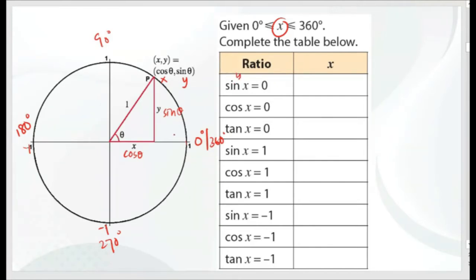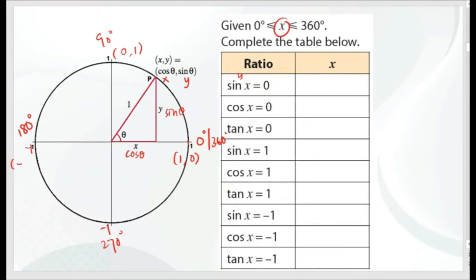So we will have 4 special coordinates. The first coordinate here is 1, 0. The second coordinate is 0, 1. Then this is negative 1, 0. Then this coordinate is 0, negative 1.